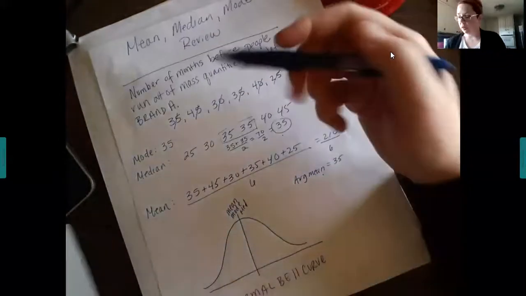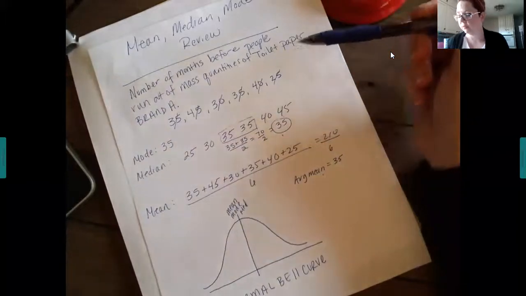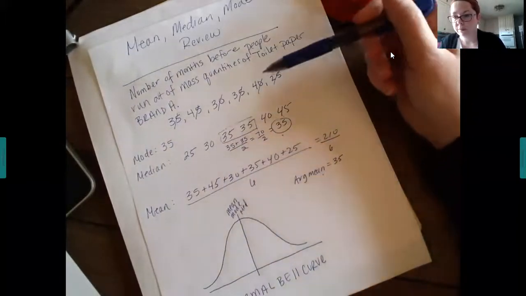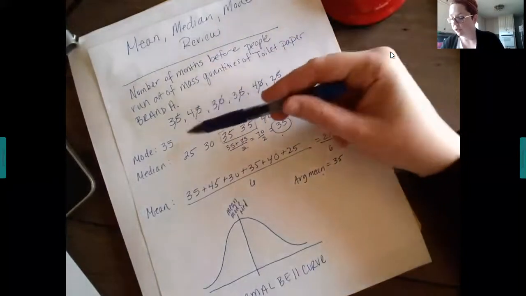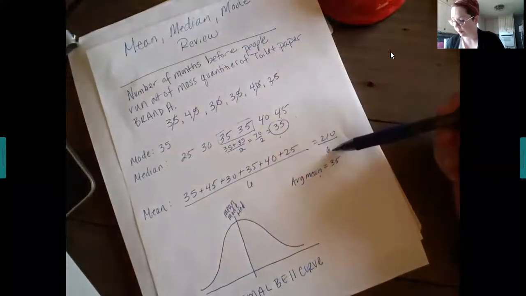So when we did our number of months before people ran out of their mass quantities of toilet paper, this was in the review video. We found the mode to be 35, we found the median to be 35, and we found the mean to be 35.